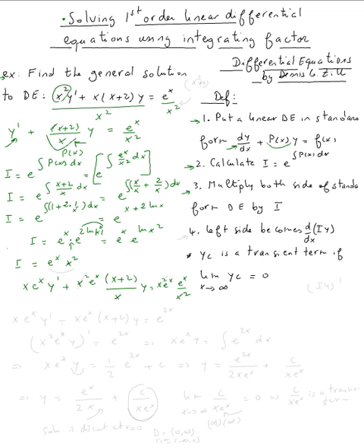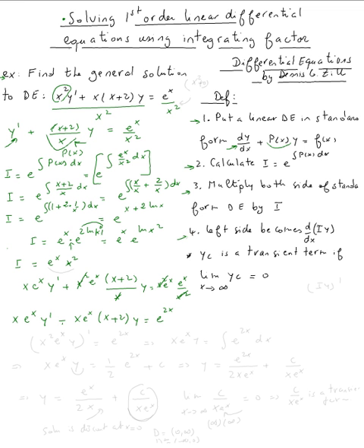Now let's cancel some stuff. x e to the x y prime: cancel x with x. You'll have x e to the x (x plus 2) left times y. Cancel this x squared. e to the x times e to the x is just e to the 2x.